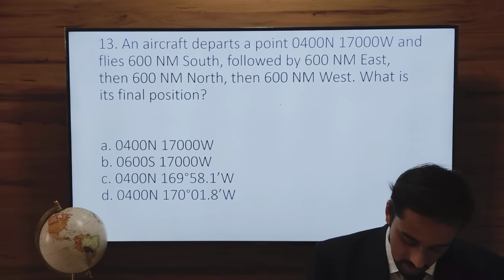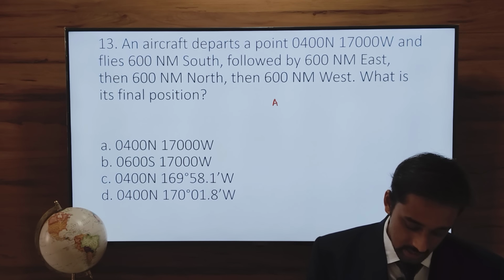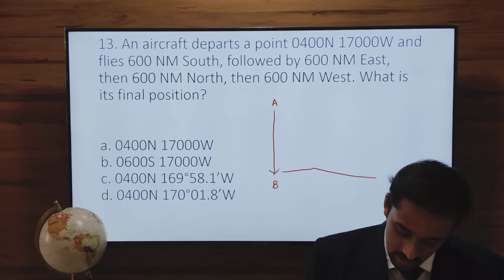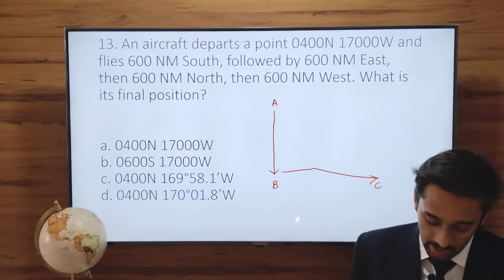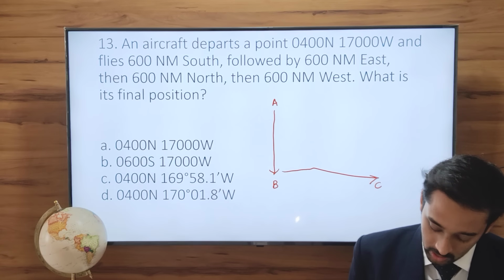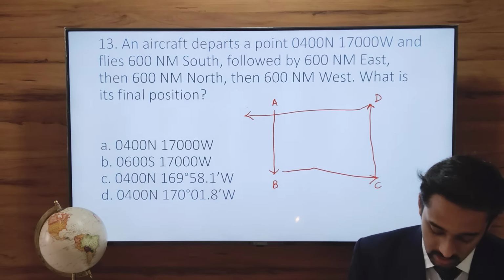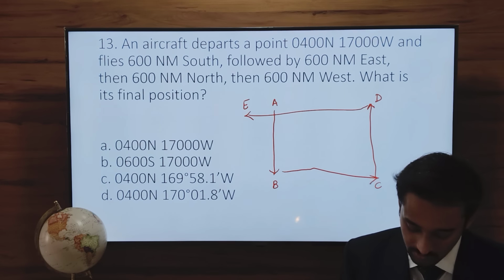So we have point A, which is 4 north, 170 west. Then it goes 600 miles south to point B. Then it goes east, point C. And then it goes again north, and then it goes west. What is its final position?